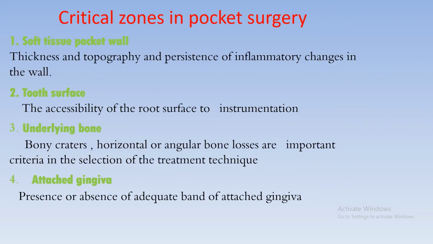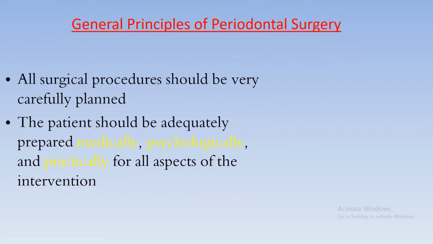The most important thing in periodontal surgery is that there is a critical zone: soft tissue, tooth surface, underlying bone, attached gingiva. All of these points are important to consider before doing any periodontal surgery.